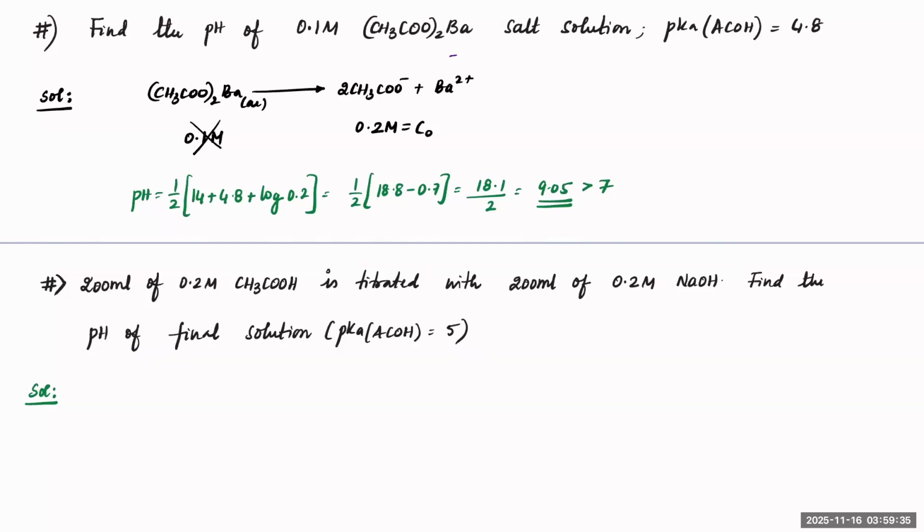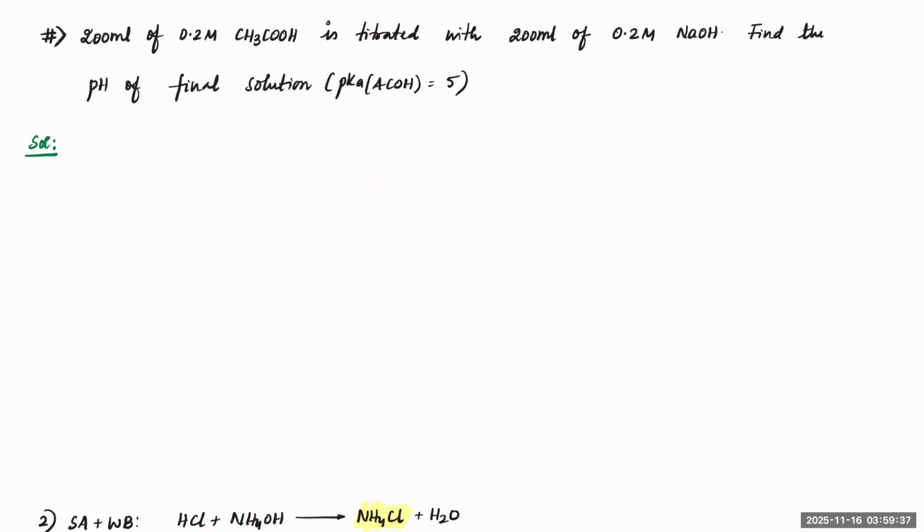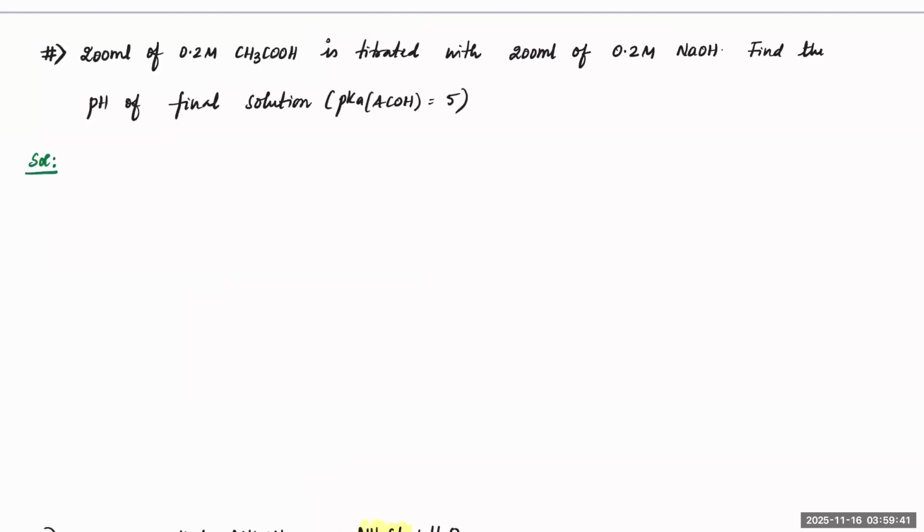Okay. Now, how do we solve this kind of question? First, write the reaction, everyone. Write the chemical reaction. It is like this: CH3COOH plus NaOH, making a titration to form a salt, which is CH3COO minus Na plus, and H2O.